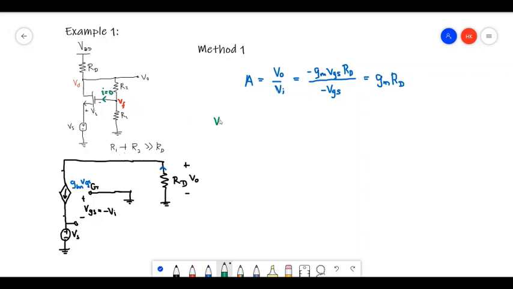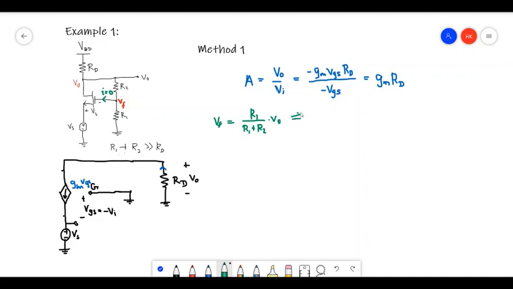So Vf is R1 over R1 plus R2 times V out.